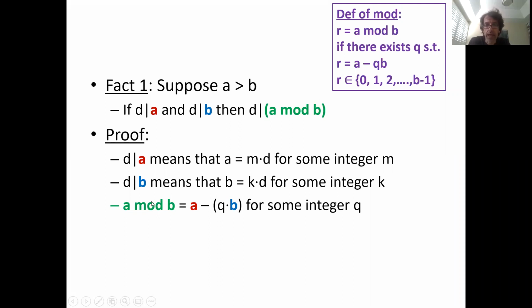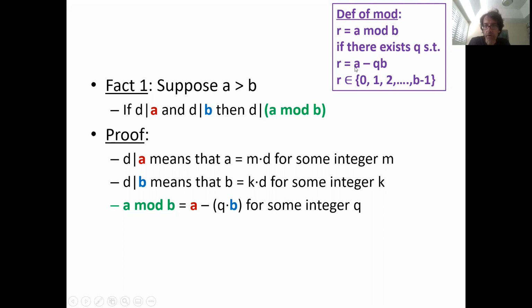Now, A mod B is defined using these constraints. In particular, A mod B is always expressible as A minus some sufficient number of multiples of B, where sufficient means whatever is needed so that R gets into this range.